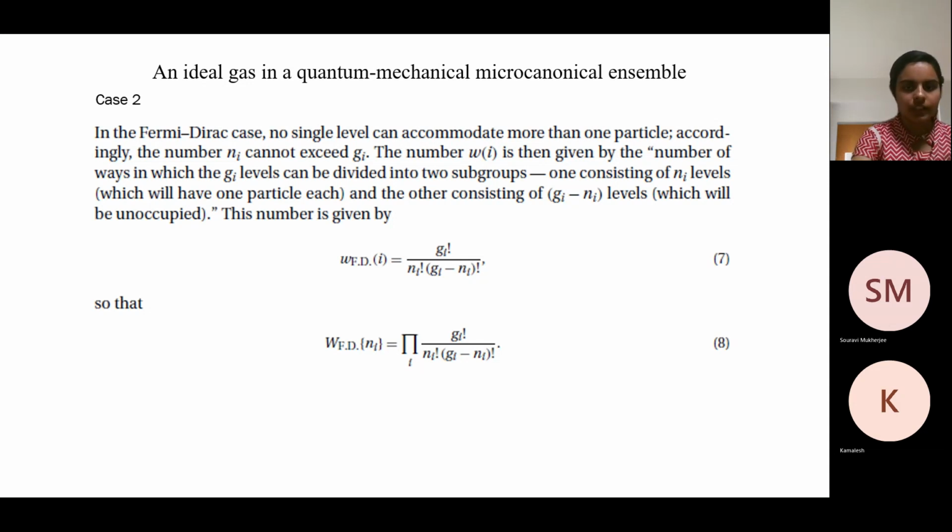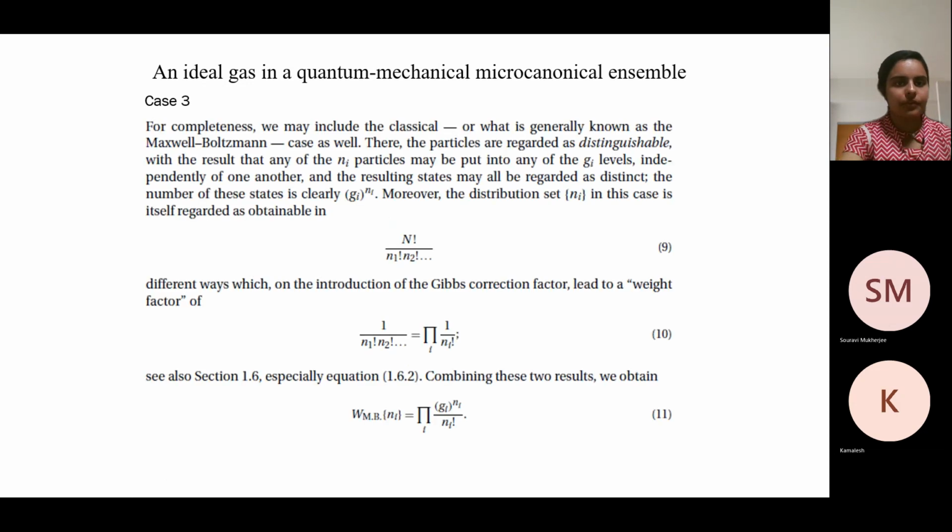So the number of ways in which you can have these Ni particles in Gi levels is just Gi C Ni, and this gives you Wi. Then the product over all the cells gives you the total number of microstates possible for this distribution. So this is the expression for the fermions.